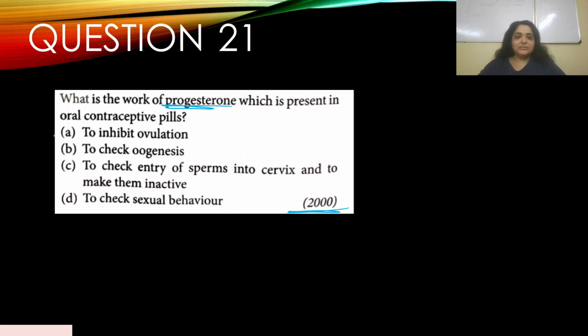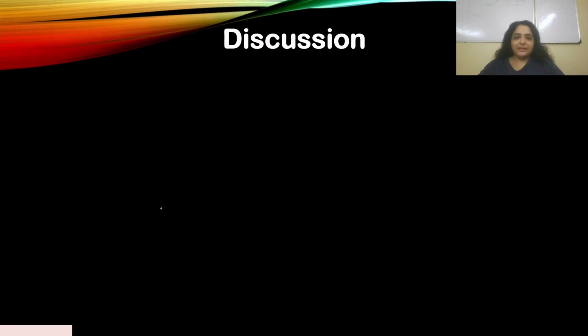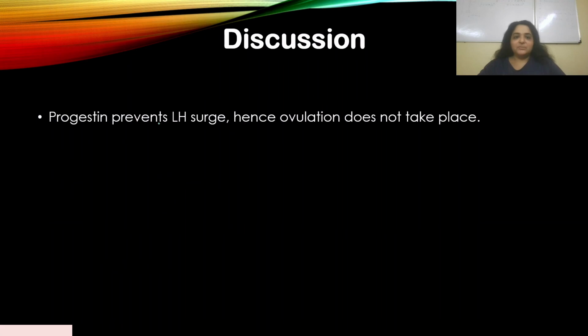So it inhibits ovulation. The LH surge does not happen because of high progesterone levels. So the answer is A. So progesterone prevents LH surge, and hence ovulation does not take place.